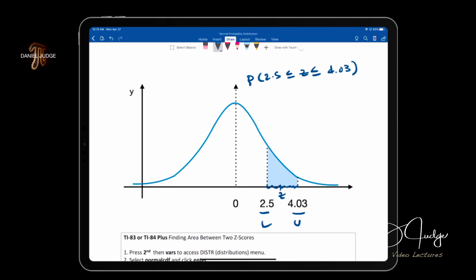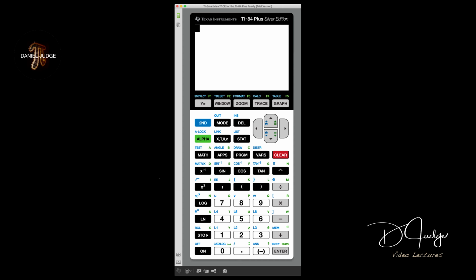So you might say, how do I do this? Well, there's a couple of ways. If you remember, we'll start with a TI. It doesn't matter. Second, distribution, all the way down here. Oh, the lower bound value now is 2.5.